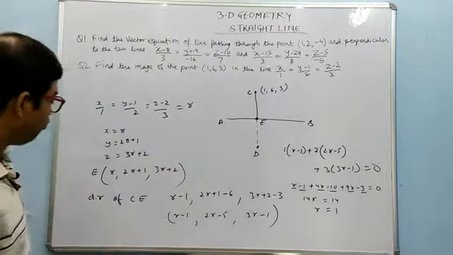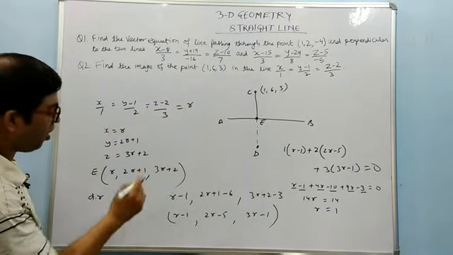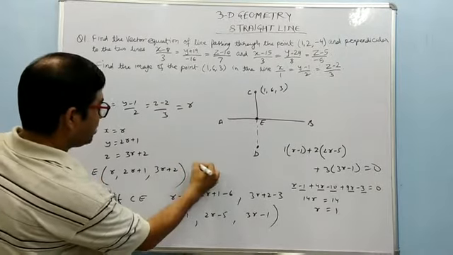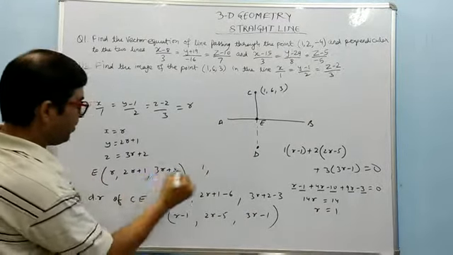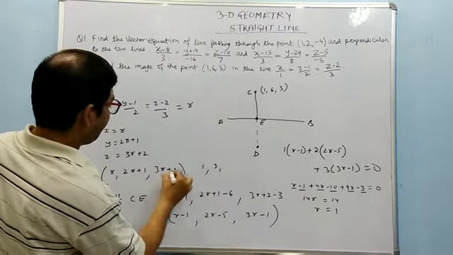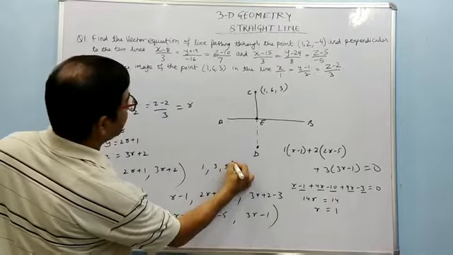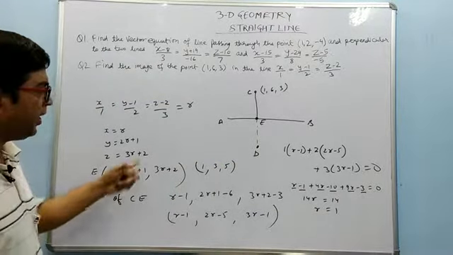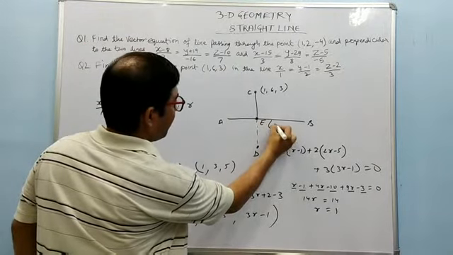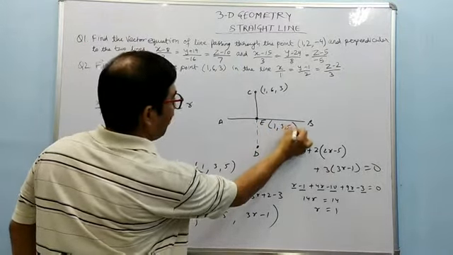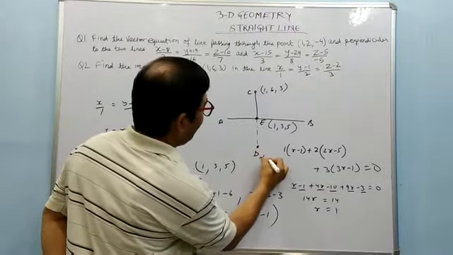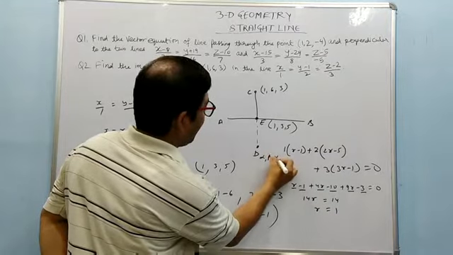Once we got the value of r, we will get this point easily. What is the coordinate of point E? On putting r equal to 1, we get 1 comma 3 comma 5. So the coordinate of E is 1, 3, 5. Now we have to find the image. Let it be alpha, comma beta, comma gamma.